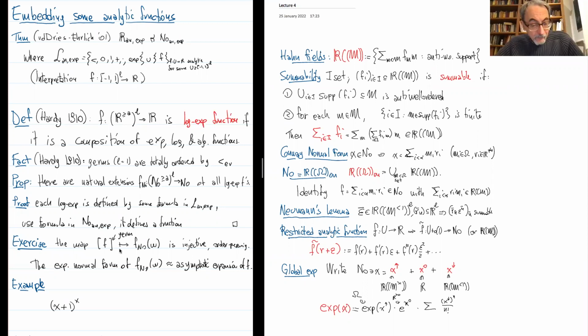Right. But this map is injective only at the level of germs. So if two functions coincide from some point onwards, then this from some point onwards is going to extend to an interval containing omega. Yeah.